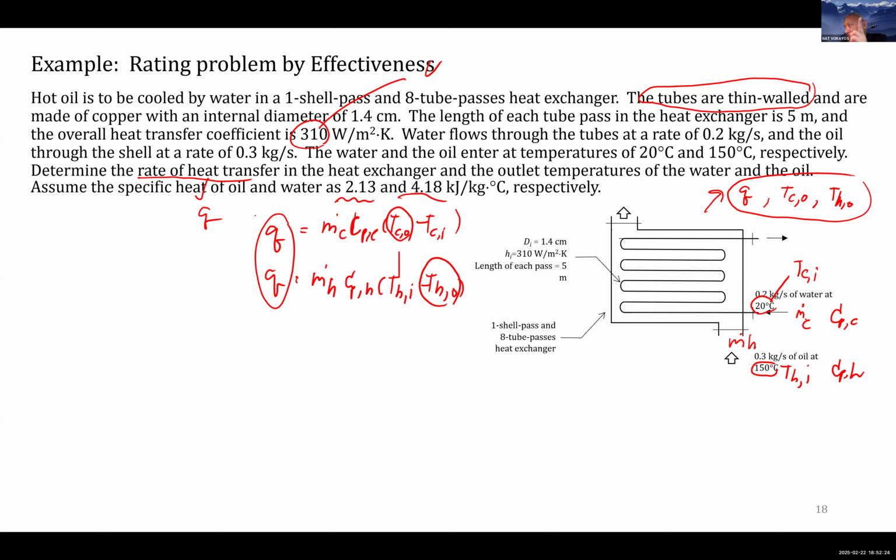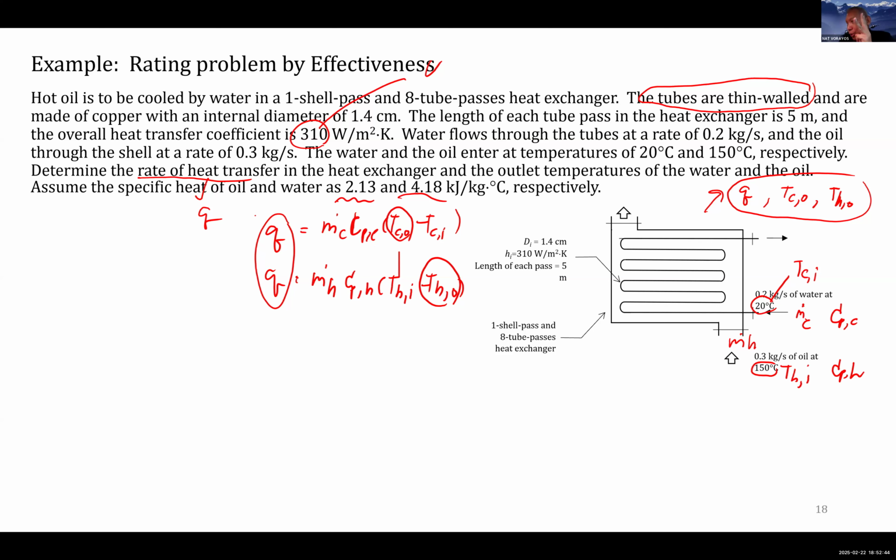See, unlike the previous example, where you knew three temperatures, the inlet and exit of the hot fluid and, for the other, only the inlet.